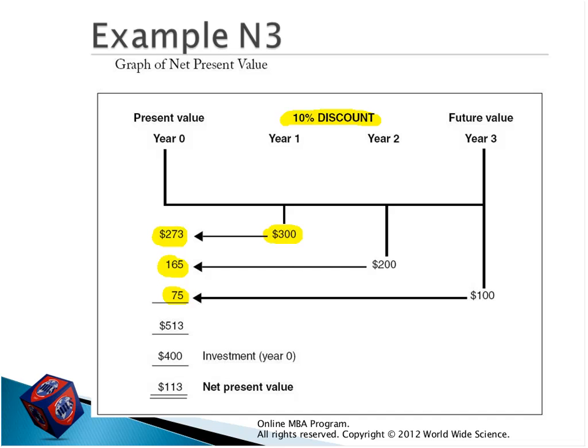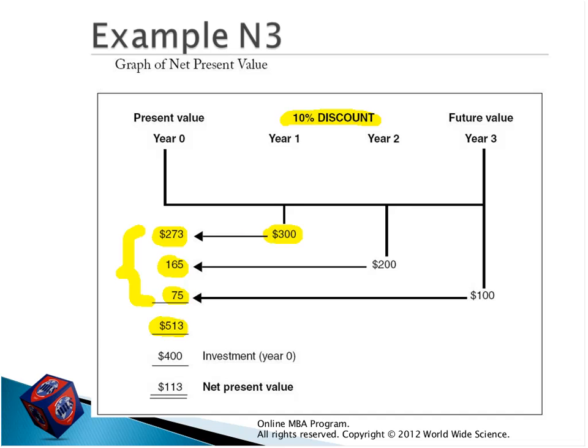Then, by the instruction, we calculate the net present value. We summarize all our present values based on the cash flow statement, which covers 3 years, right? And it results in $513.